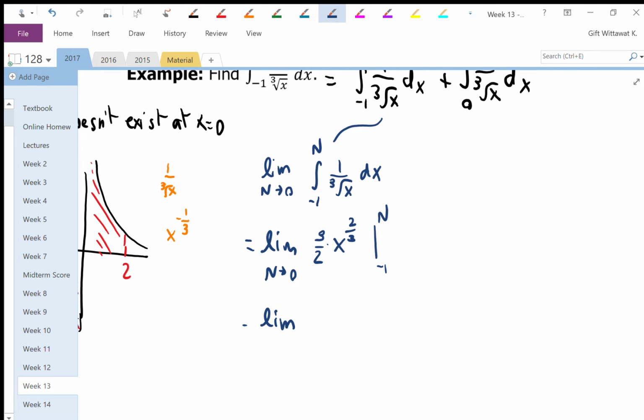So this is the limit as n goes to 0 of 3 halves n to the 2 thirds minus 3 halves times negative 1 to the 2 thirds.